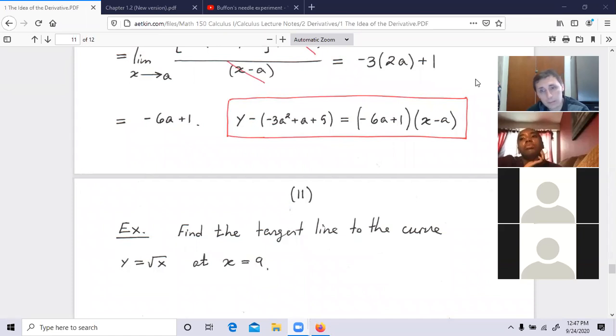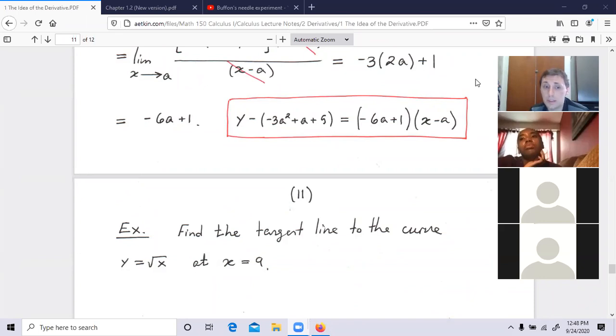Can you figure it out? So the same thing, but not necessarily at x equal to 9.